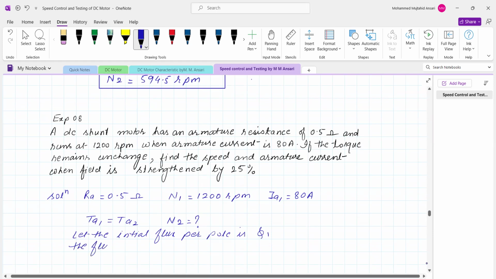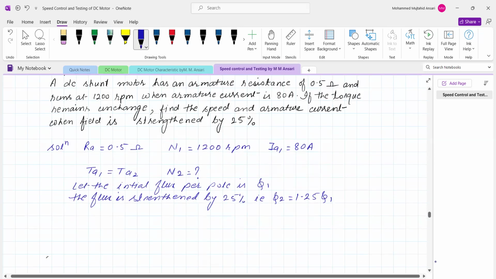The flux is strengthened by 25%. That is, flux phi2 is 25% greater, so 1.25 phi1. So now torque is the same.